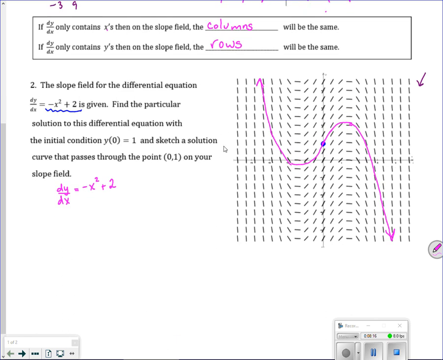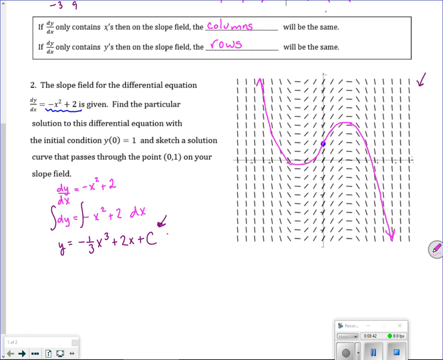Remember, we separate. I then integrate both sides. So that gives me y equals negative 1/3 x cubed plus 2x plus c. Make sure you put that constant of integration right there.